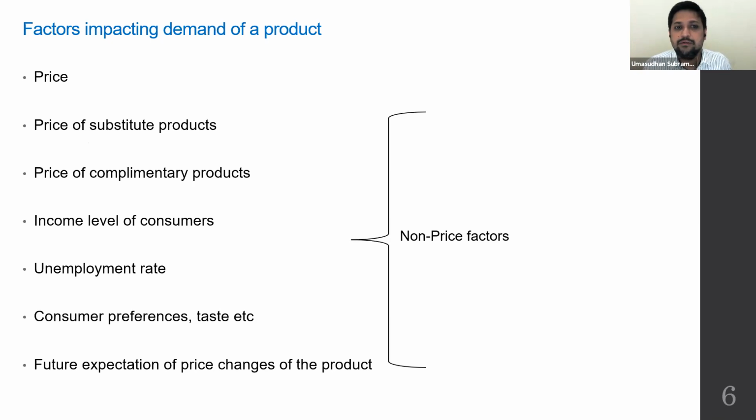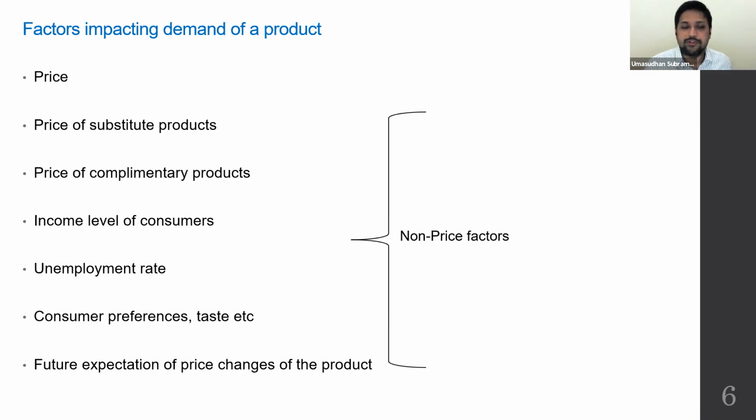What happens to the demand for tea? Demand for tea is going to go up. That's exactly right. When the price of coffee increases, demand for tea increases. So we can say there is a positive relationship between price of one product and demand of another product in the context of substitutes.